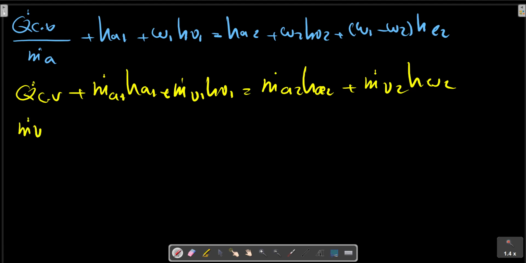Replacing with this relation, m dot V1 equals m dot V2 plus m dot L2, we have also m dot L2 h L2.